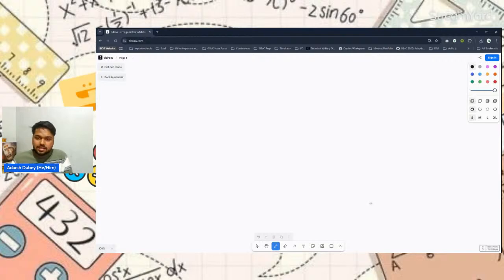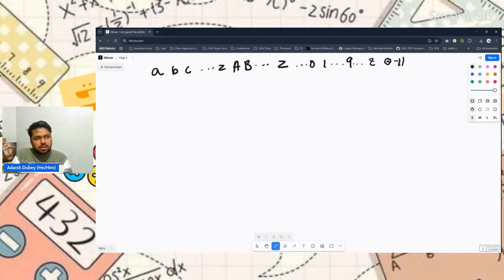If this is not the answer, then what is the answer? So some people came ahead and said, okay, it's fine. We'll tokenize not the words, but we'll tokenize the characters. So there is A, B, C, up to Z, then there is capital A, B, up to Z, and then there are numbers, 0, 1, up to 9, which are also symbols, and then there are some special characters such as and, at, hash.